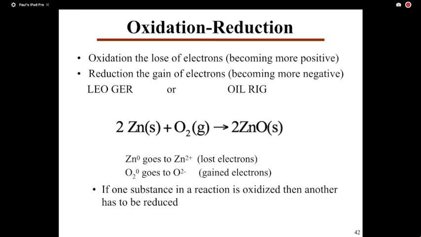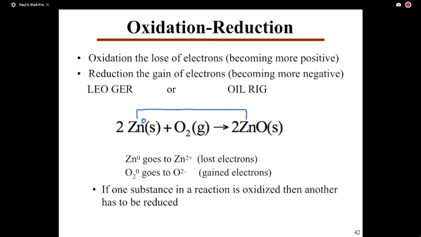Now, this is how I kind of look at it. All right, here is a redox reaction. In this case, something's going to happen, and so I go from zinc to zinc. In this case, the zinc's oxidation number is 0.